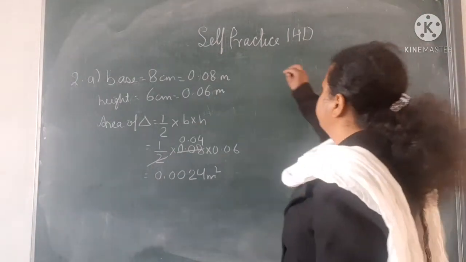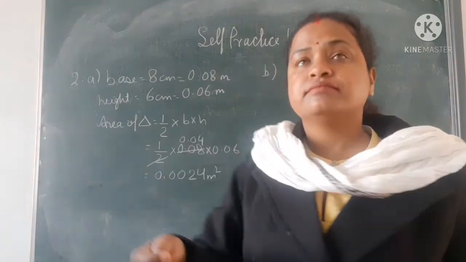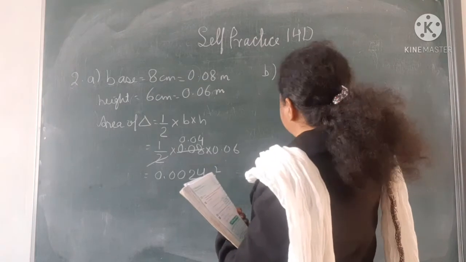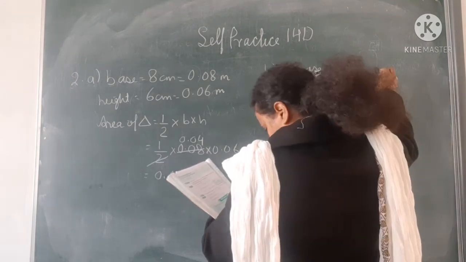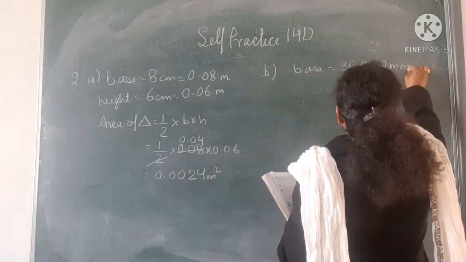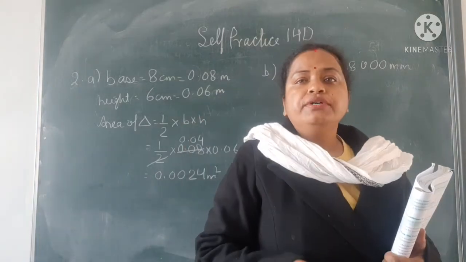Now same way see the B part. Base is given as 38,000 mm. Mm means millimeter, which you have to convert into meter.